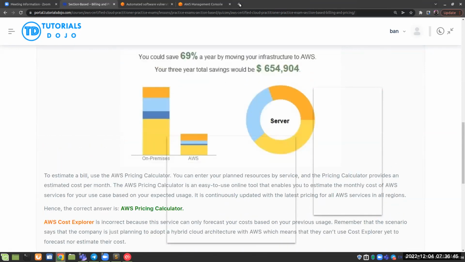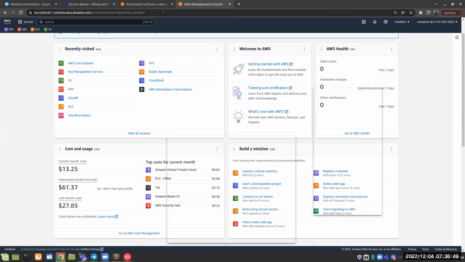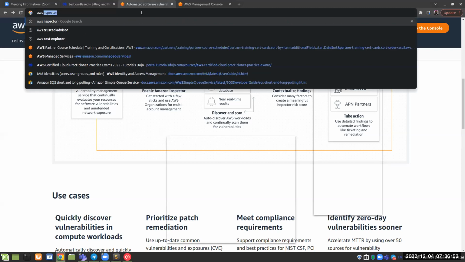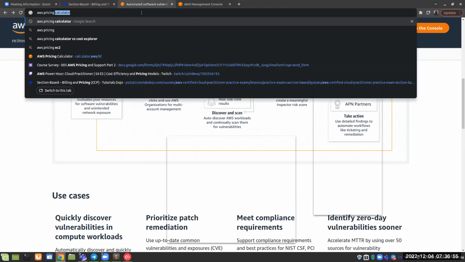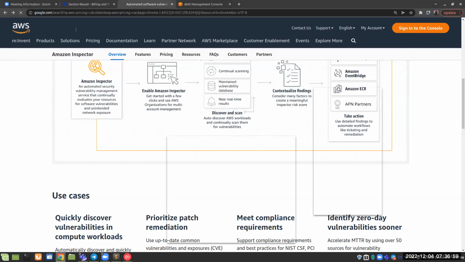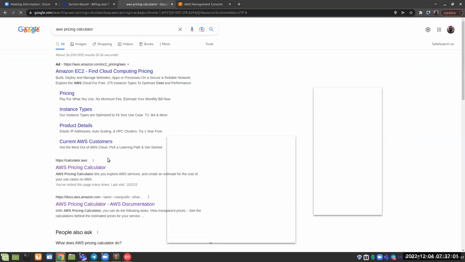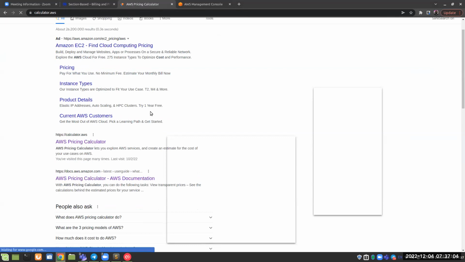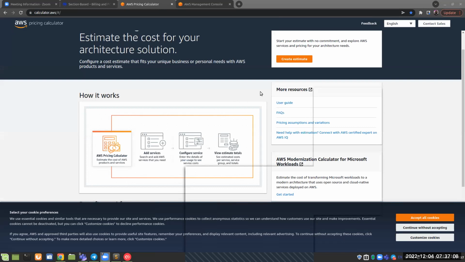I think I can have that immediately here. So you are trying to move to AWS and you want to figure out what will be the cost of using it. If you go to the AWS pricing calculator, this is what you get. Anyone can use that.